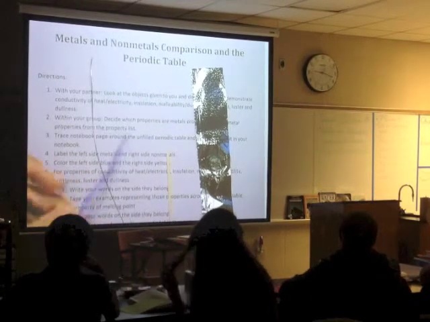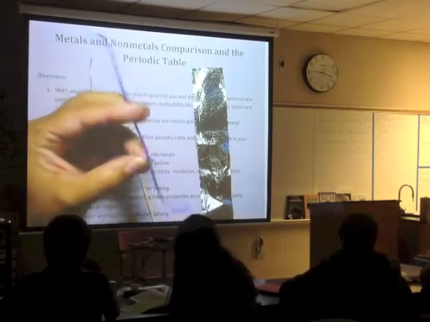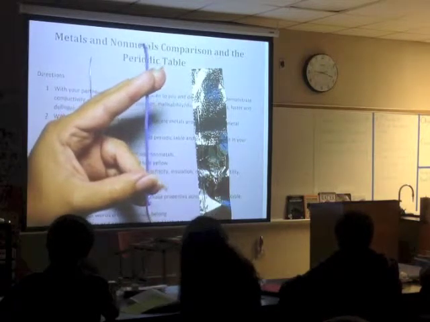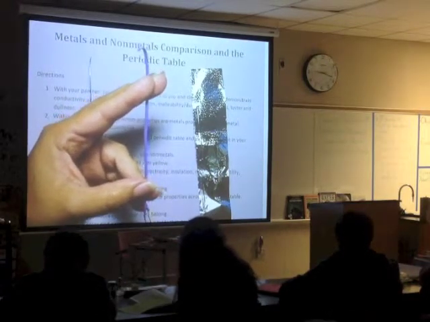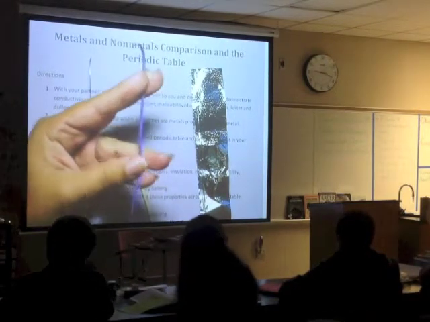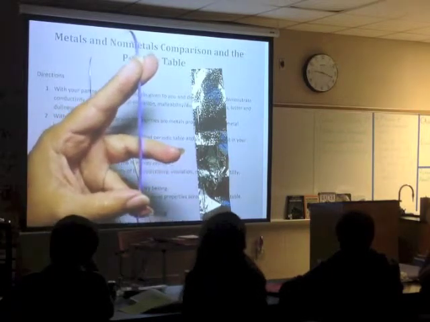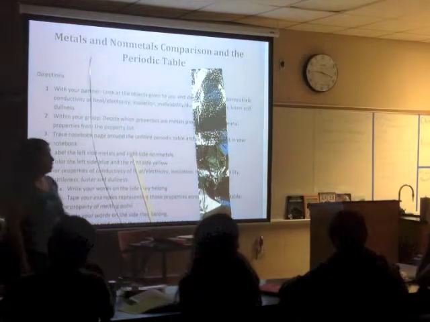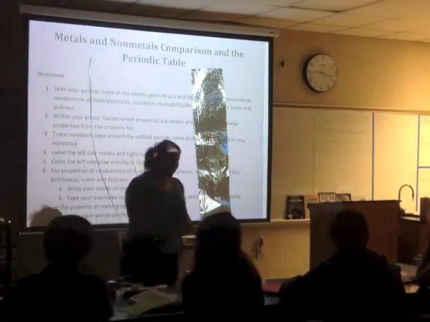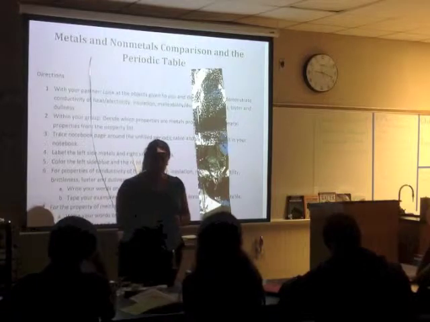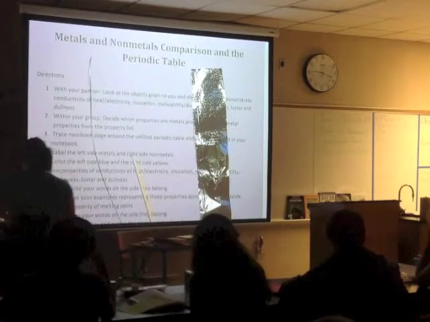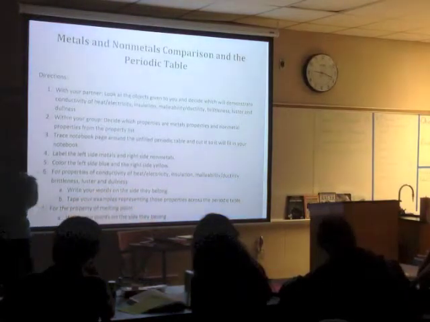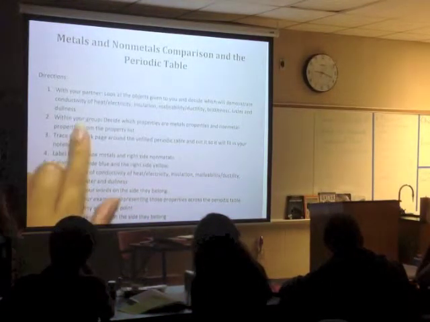So you're going to think about this plastic, and you're going to think about the properties, and figure out, okay, is this going to be representing a metal or non-metal? What do you think? This piece of plastic, do you think it represents a metal or a non-metal? Non-metal. Okay, and you're correct. But in your group, you're going to discuss why you think it's a non-metal. Okay? So you're going to go through and talk about each of the objects that I give you. And then you go to the next step.